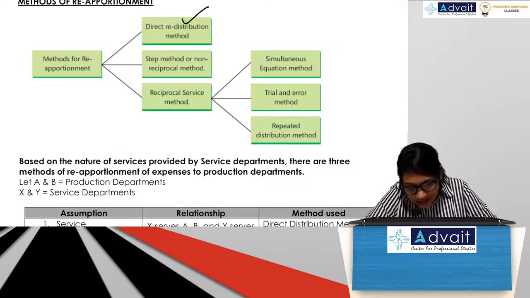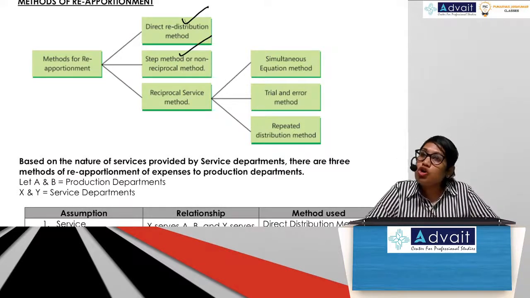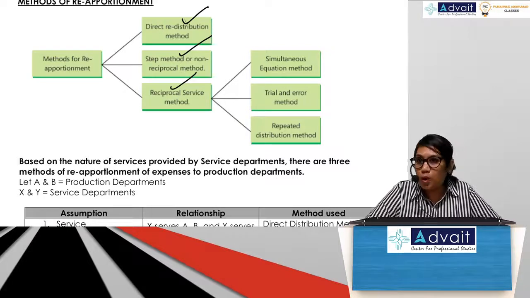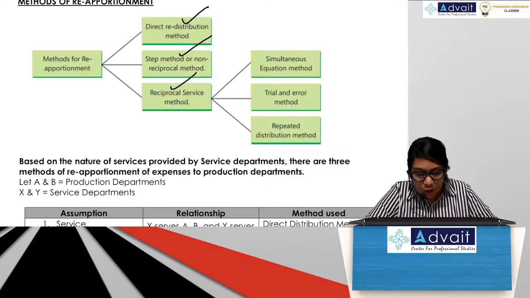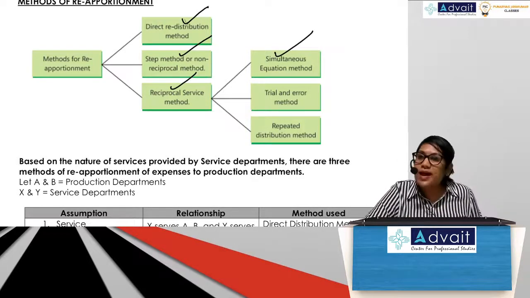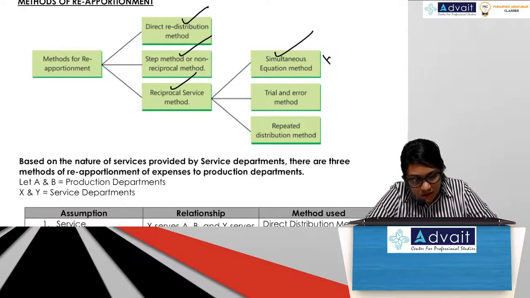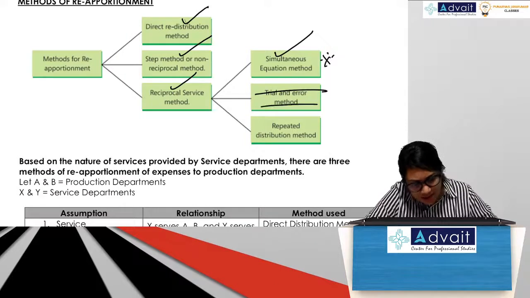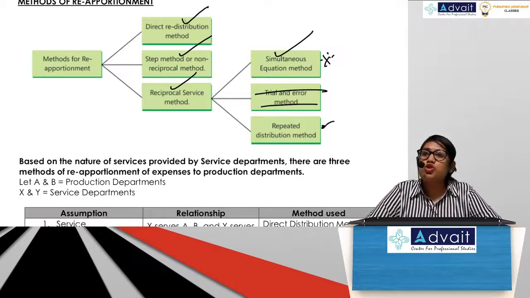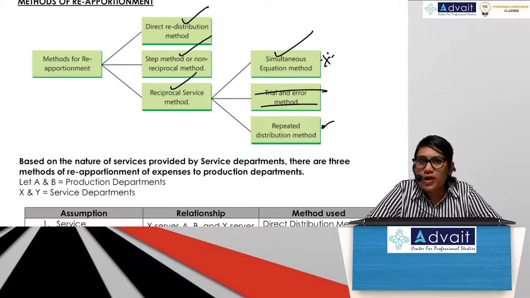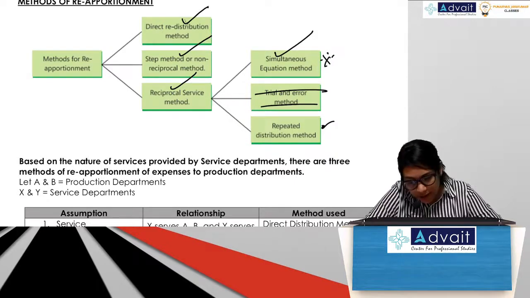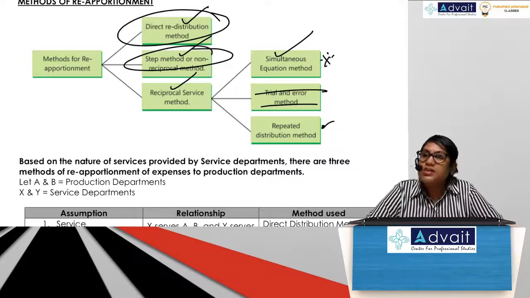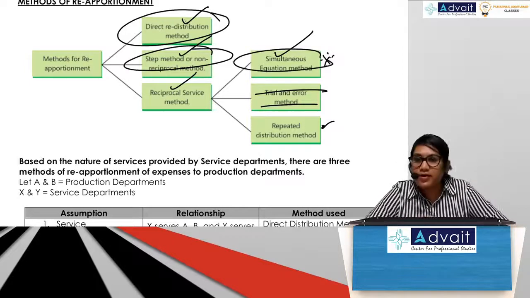Next, step method or non-reciprocal method. And the third one is reciprocal method. In reciprocal method, we have simultaneous equation method, which is the most important. This only will come. Forget the repeated redistribution method. So our focus is going to be on direct method, step method, simultaneous equation method.